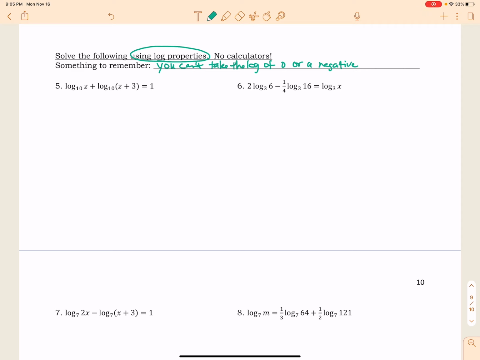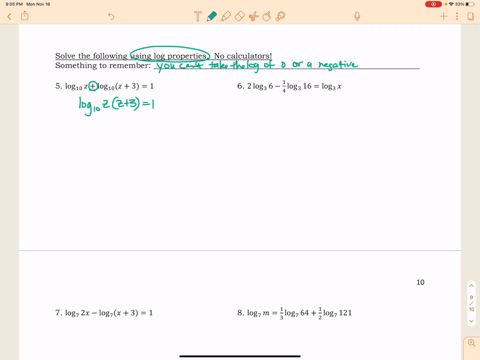So in this first example, I've got addition going on, so I'm going to use my product property to condense this into one term. The product property tells me that I can write this as log base 10 of z times z plus 3.